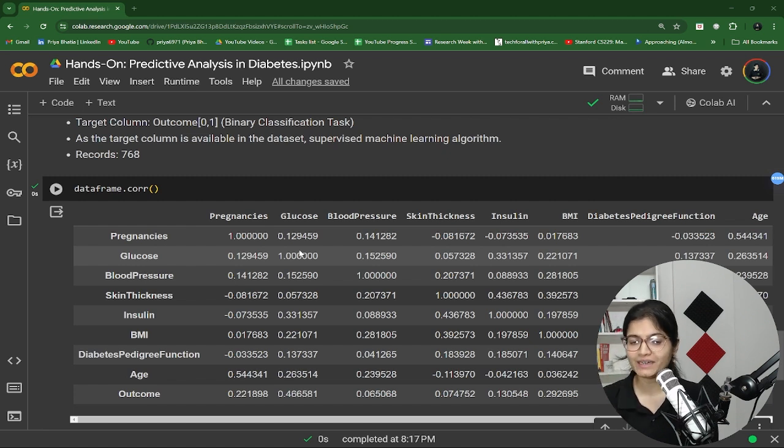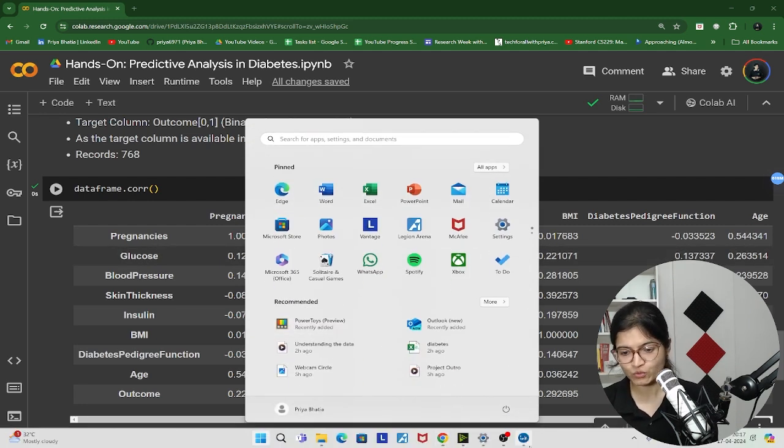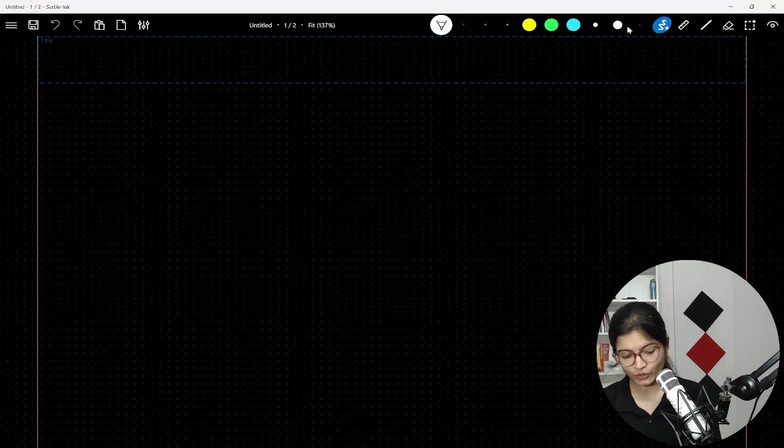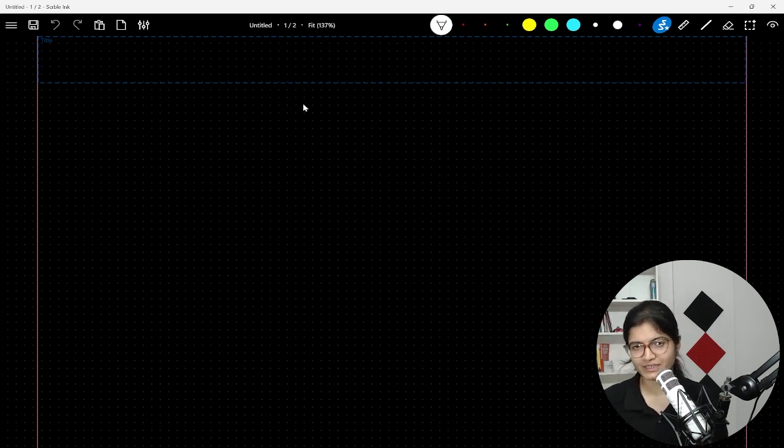Now the question you can ask me is, Priya, why is it required? Why are you trying to calculate the correlation coefficient value among the two features? For those who are not aware of the significance of this correlation coefficient, I just want to explain it in a very brief way. I'll also create a heat map further in this session.